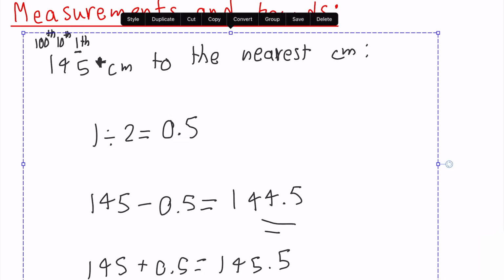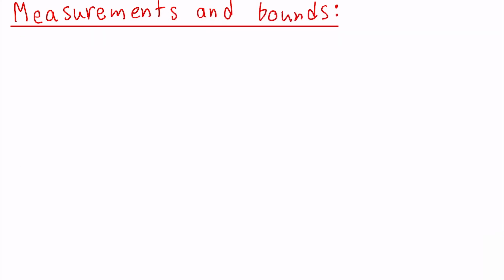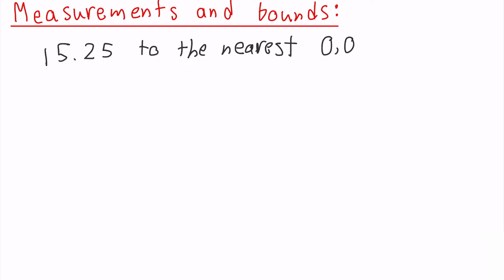Okay, I will give you another example. It's telling us 15.25 centimeters rounded to the nearest 0.01 centimeter.